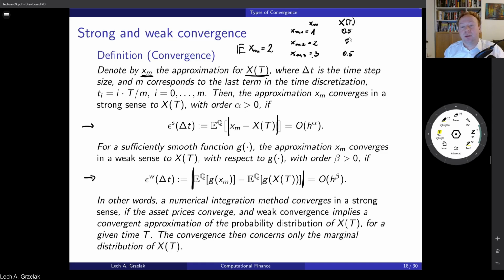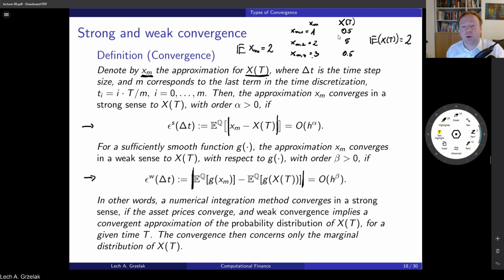On the other hand, if we look at the expectation of xt, we have 0.5 and 5 and 0.5. It's also 6 divided by 3. We also have 2. So you see that there is basically no error. So obviously this performs very, very well. There is no error in a weak sense. The expectations are exactly the same.